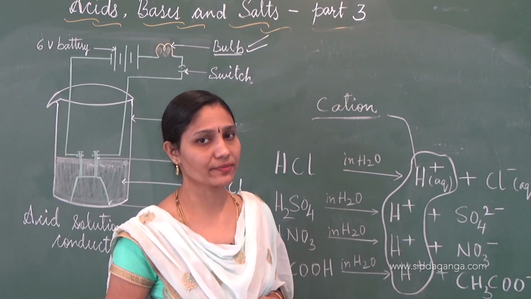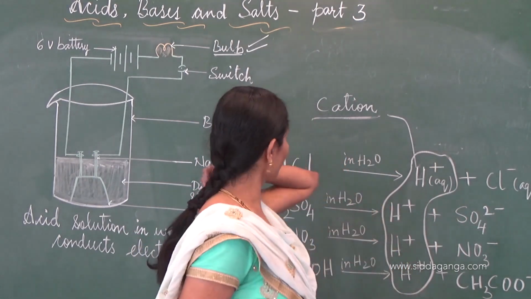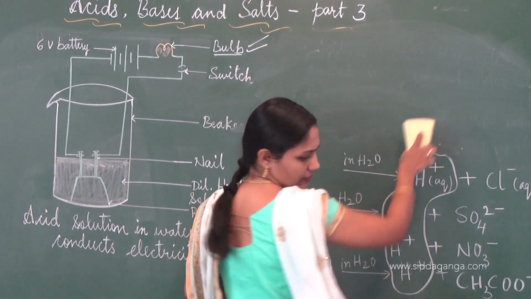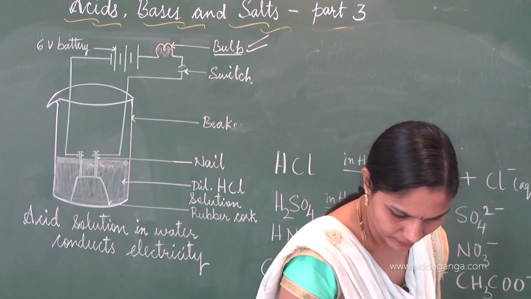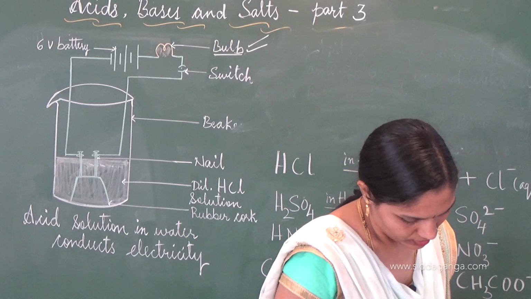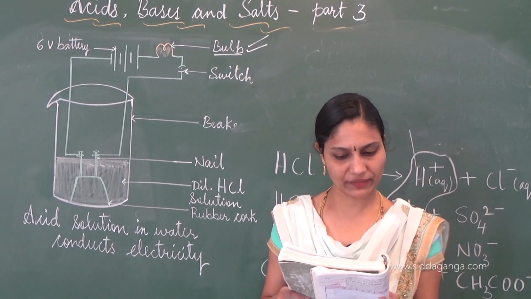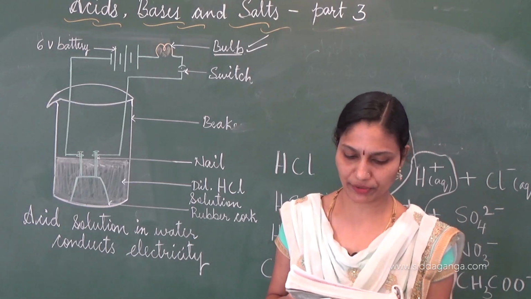What about bases? Bases also conduct electricity. So similarly we can write the equation for that, and also in the textbook in the activity. Further, we have been asked to repeat the same activity using alkalis such as sodium hydroxide.